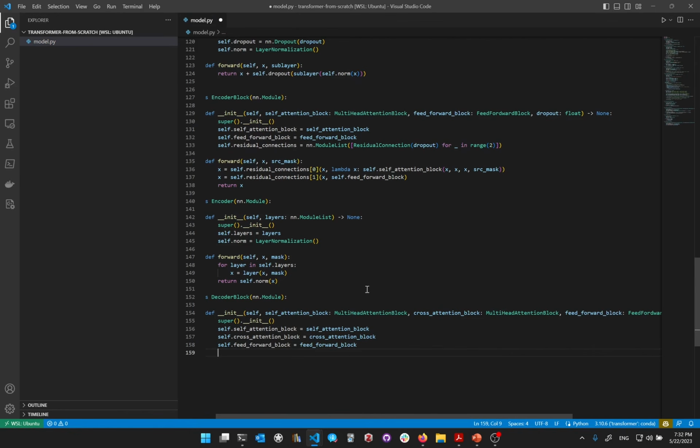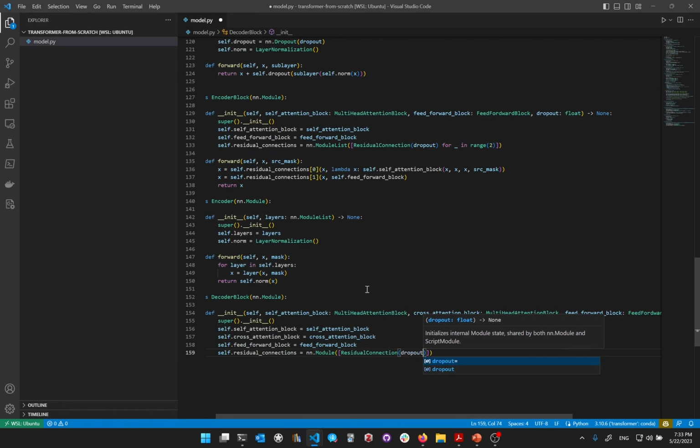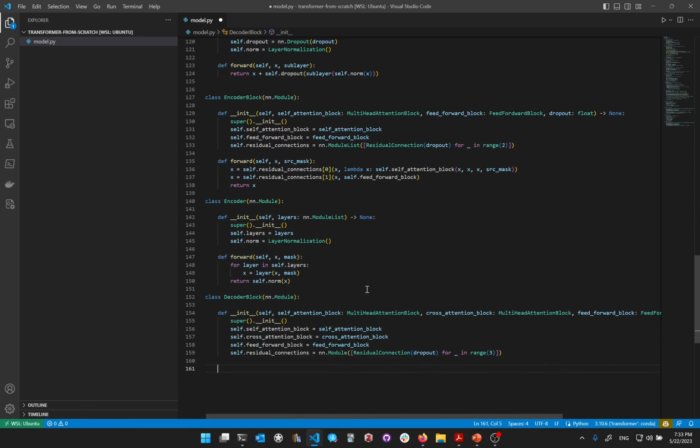Okay, we defined also the residual connection. In this case, we have 3 of them. Wonderful. Okay, let's build the forward method, which is very similar to the encoder with a slight difference that I will highlight.